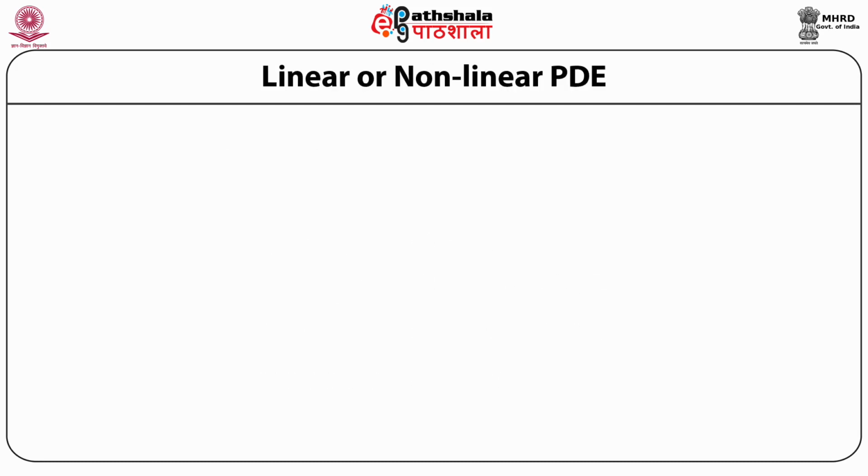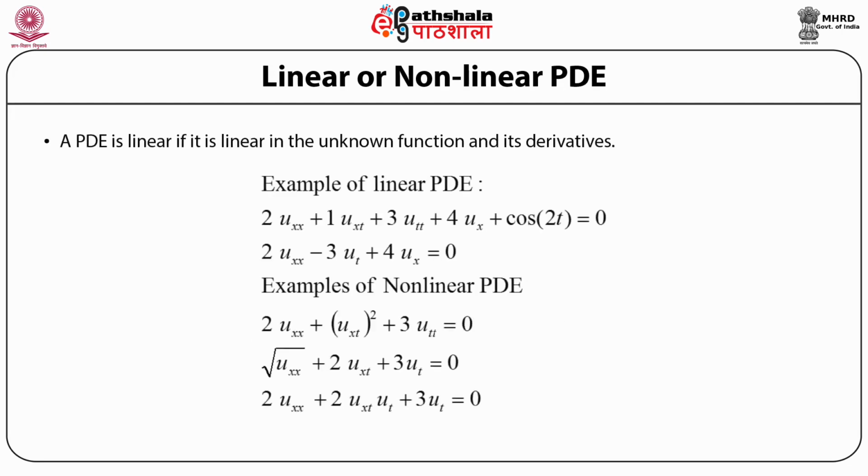We are going to see the difference between linear and non-linear partial differential equations. As we saw in ordinary differential equations, if derivatives don't get multiplied, then it's a linear term.